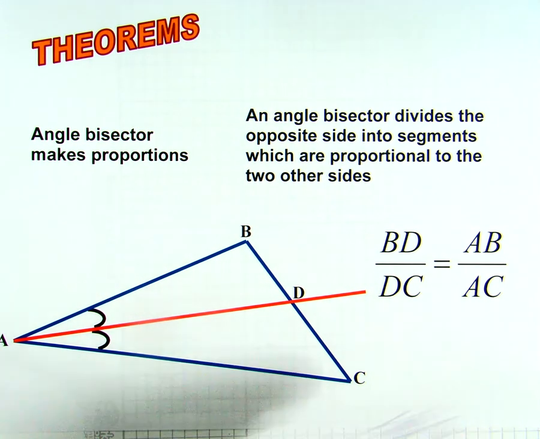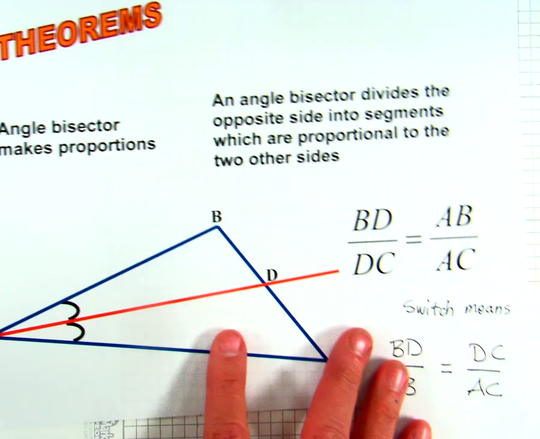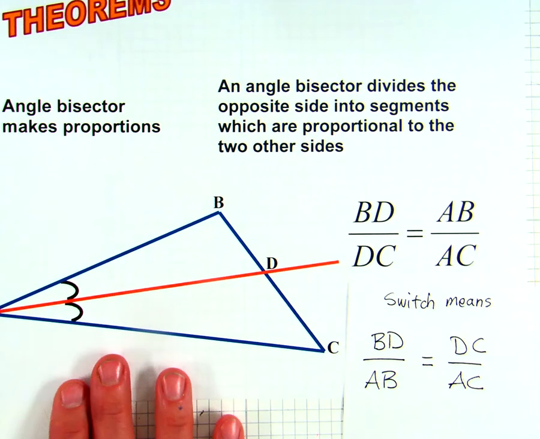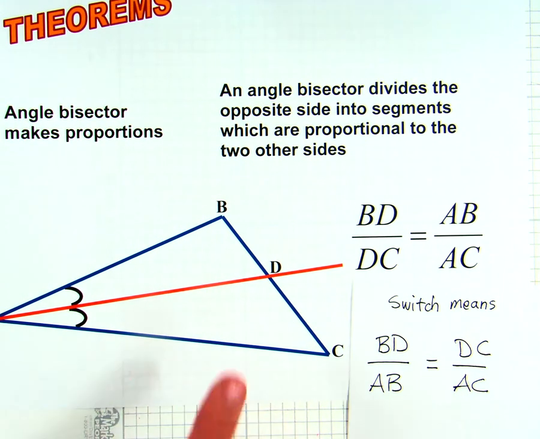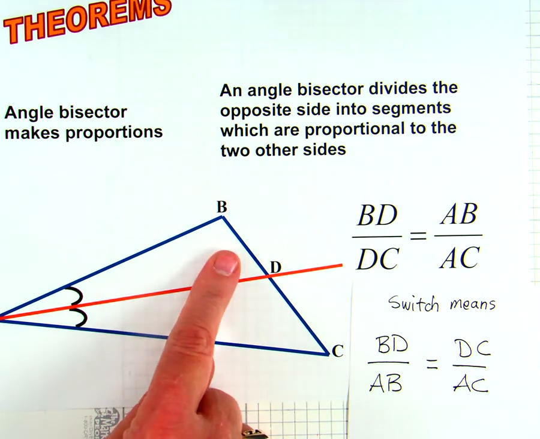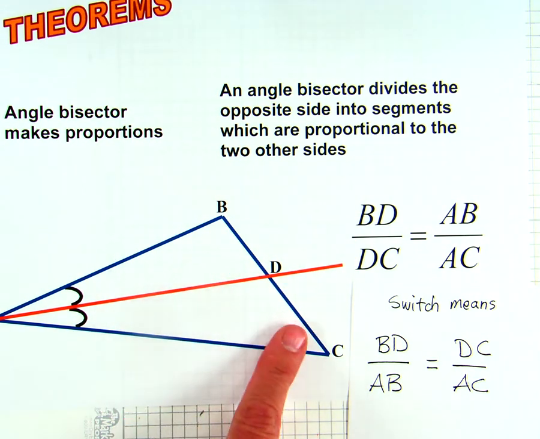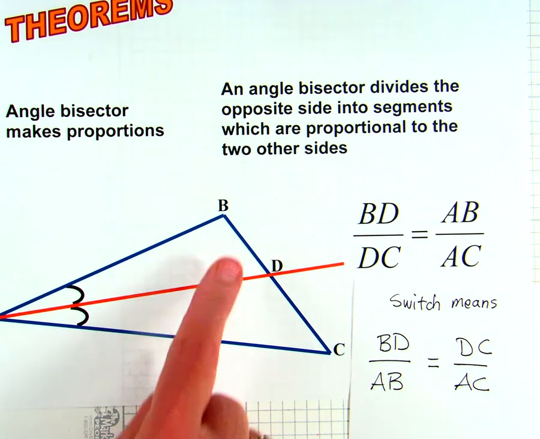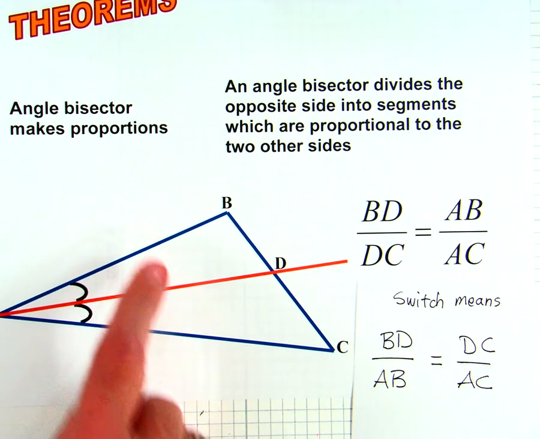Notice we can switch the means again and write it in the other fashion. Either one is just fine. So the theorem is written: piece of the opposite is to the other piece as the top is to the bottom, or piece is to piece as adjacent is to other adjacent.